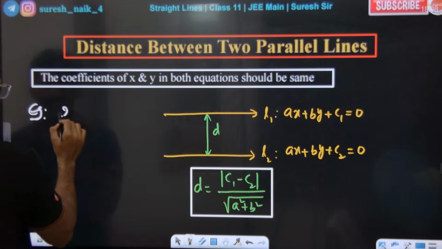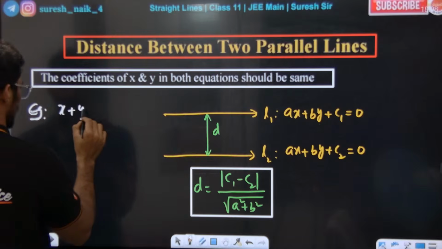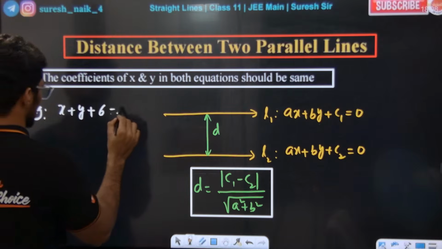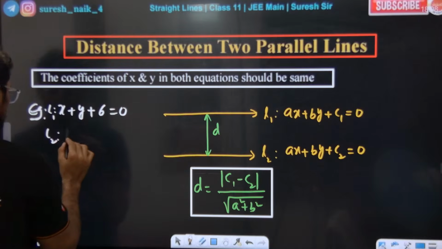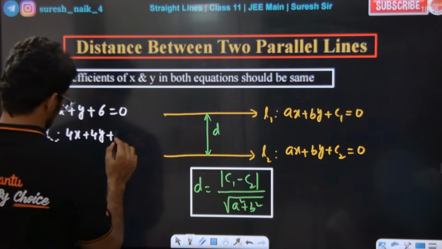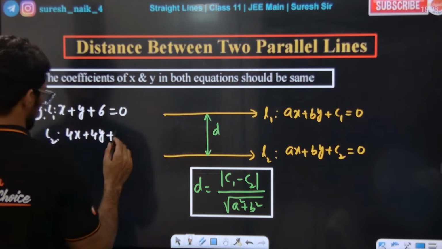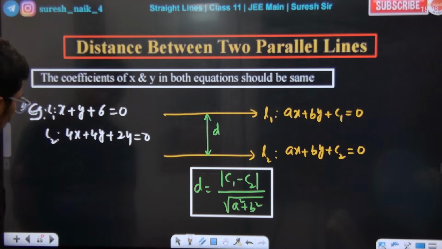Sir, for example, we will understand this. Let's say I'm giving one equation: x plus y plus 6 is equal to 0. This is the line 1 equation. Line 2, let's say, is 4x plus 4y plus 24 is equal to 0. Correct or not?